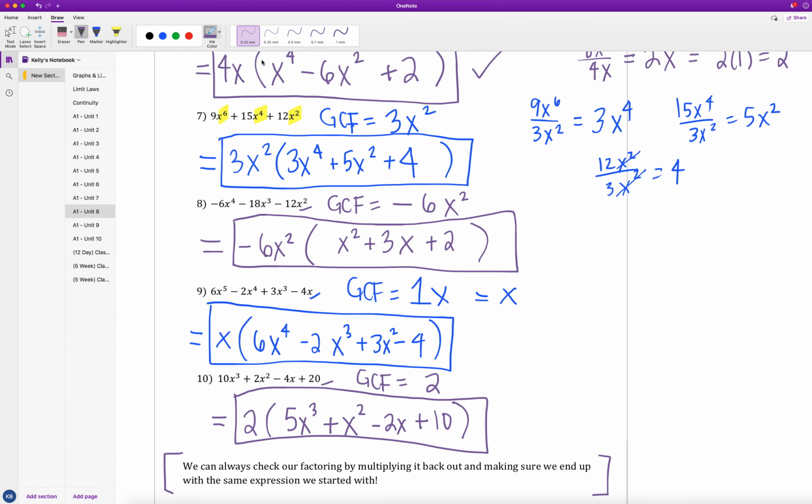This extra work that we did on the first two problems of dividing out each term, feel free to write that on the side if it helps you through each of those steps, because factoring is technically dividing out what every single term has in common and writing that in front of the parentheses. And the reason this works is if I were to distribute it back in, I'd end up with the original problem I started with, which is always a good idea as you're starting out, that you can check your factoring by multiplying everything back out.